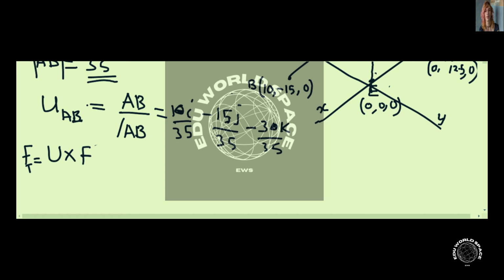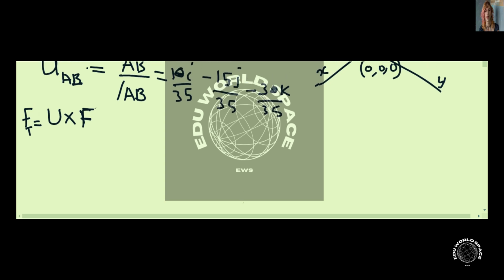We'll sum everything together, consider equilibrium, and collect terms based on i, j, k directions.